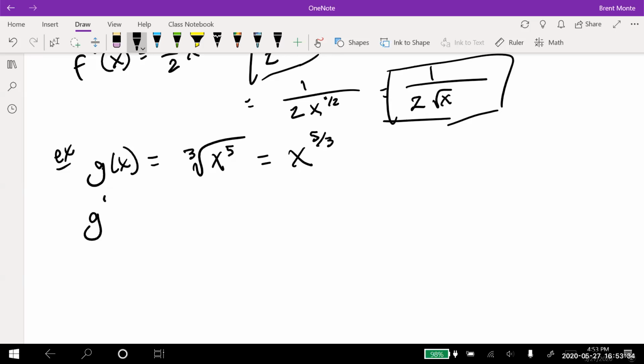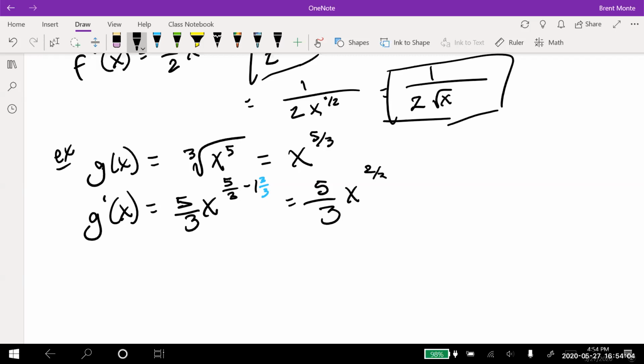And so when I take the derivative, I bring that exponent down, 5/3, x to the 5/3 minus 1. And again, remember that minus 1 is really 3 over 3. We need a common denominator. And so 5 minus 3 is 2, and the 3 stays. So we say, oh, it's 5/3 x to the, and then 5/3 minus 3/3 is 2/3. That's my answer.